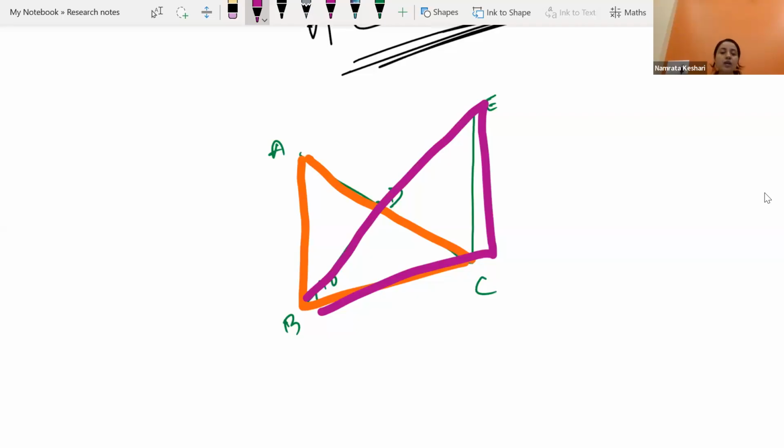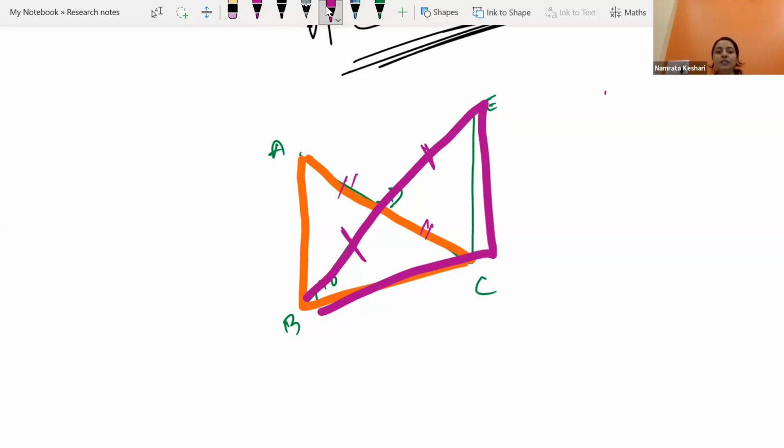If this orange triangle and this purple triangle, if we can prove these two are congruent. Here, what information do we have in hand? Just D is the midpoint, and the construction we have done in such a way that this much and this much are the same. Here this one and that one were the same.